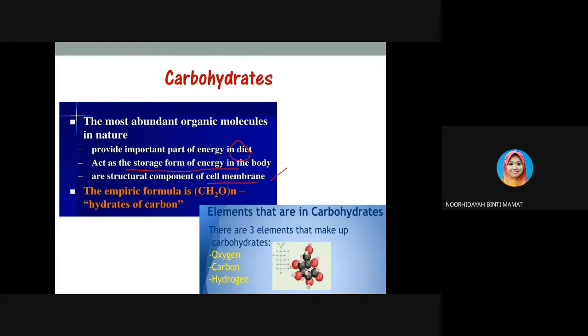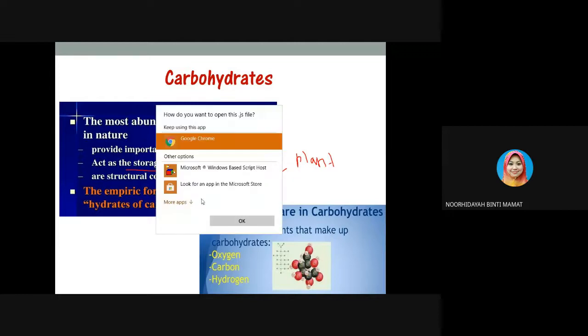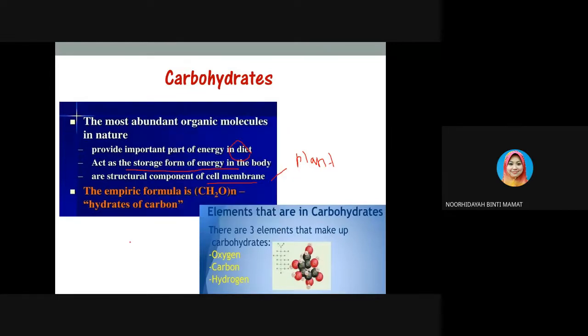They can give structure. For example, we find carbohydrate as cellulose, which acts as the cell wall in plants, right? So you must remember this one. The term carbohydrate was originally used to describe compounds that are literally hydrates of carbon.